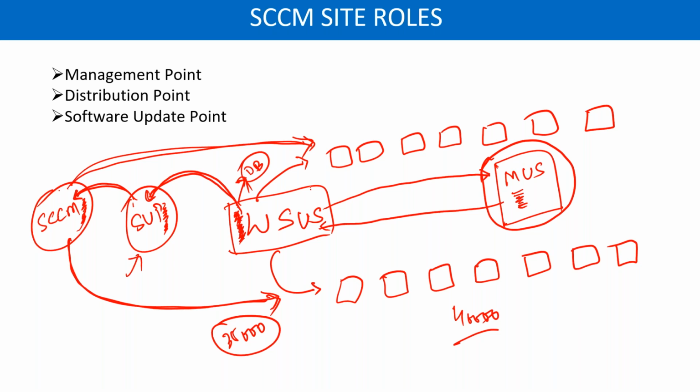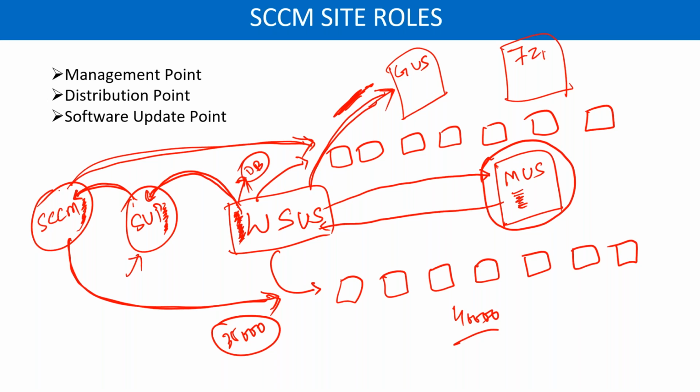If you want your WSUS to connect to the Google server, you need to give that information to WSUS, that you need to connect to the Google Update Server as well. You have to get the link and then configure that link in WSUS or in SCCM, and then it will start syncing the updates.